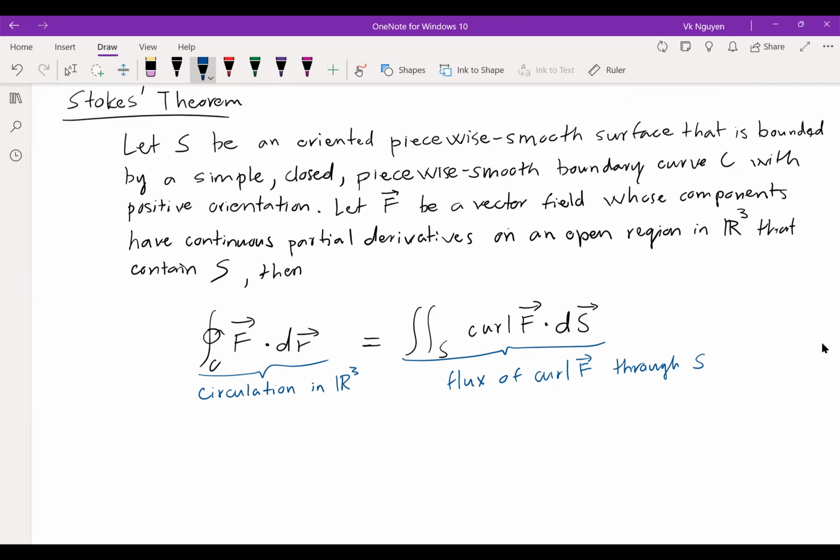So here comes something related to what we have learned before. If S is a flat surface in R2, the unit normal vector is k.